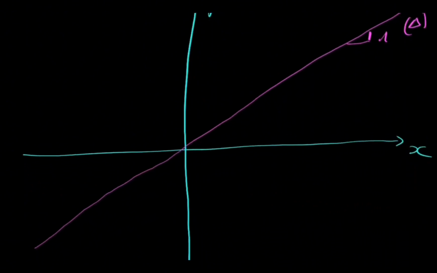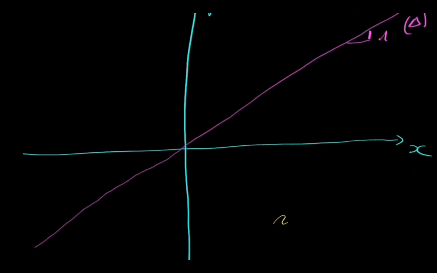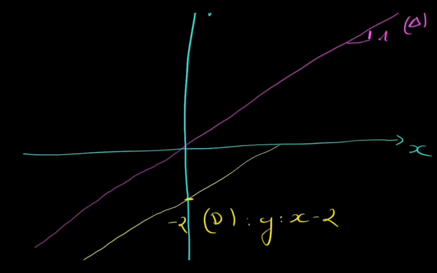Then we're going to sketch the oblique asymptote, which is called D, that has an equation of y equal to x minus 2. So in 0 it's equal to minus 2. And it's parallel to delta, so something like that.